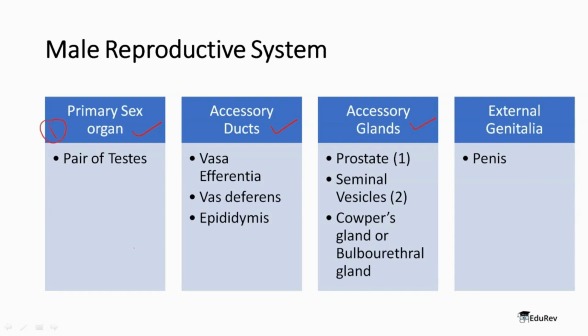They are responsible for production of male gametes, which we studied earlier are called sperm. The second function is that they secrete sex hormones, which are responsible for secondary sexual characters in males.